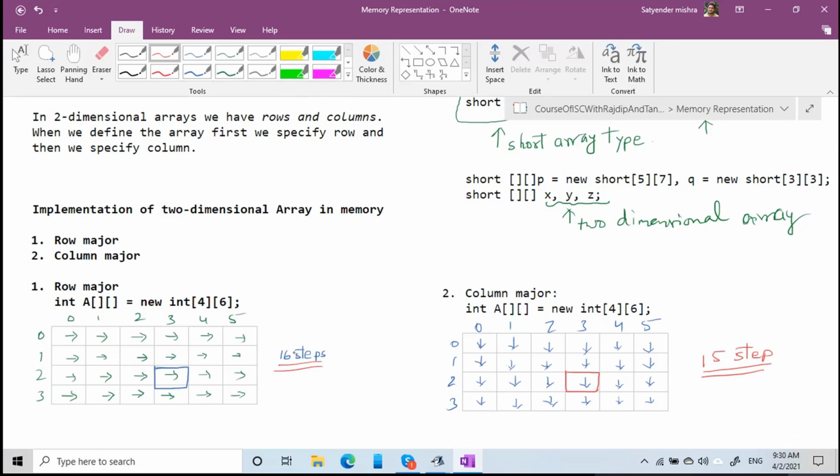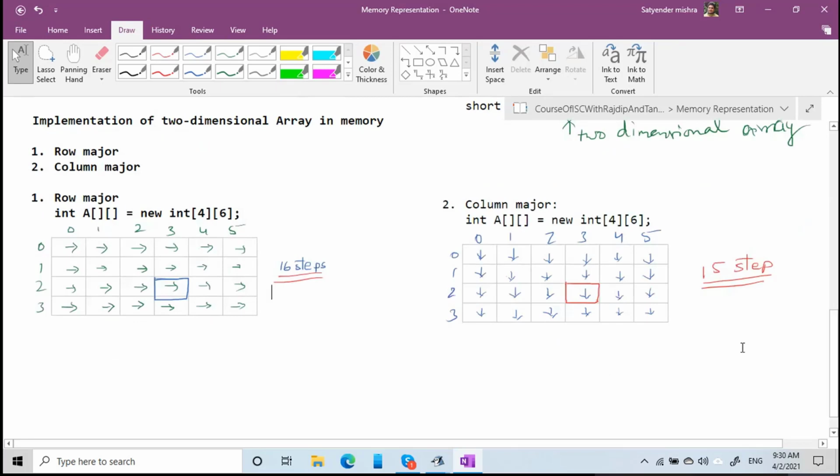So it depends upon the situation which way to follow. So let's study how we can access the address using row major, or using column major. I hope you understood the logic of how we are accessing the address in row major and column major.